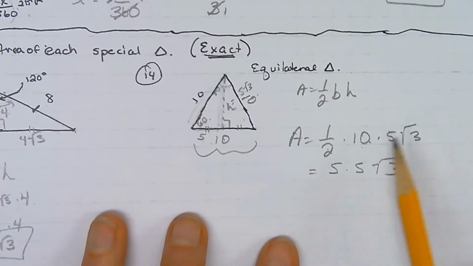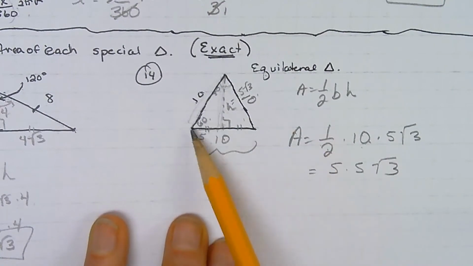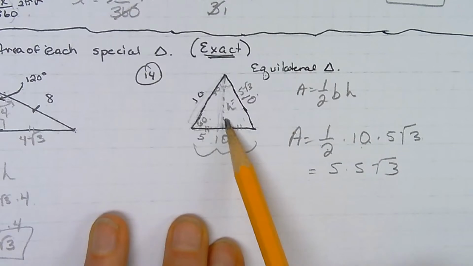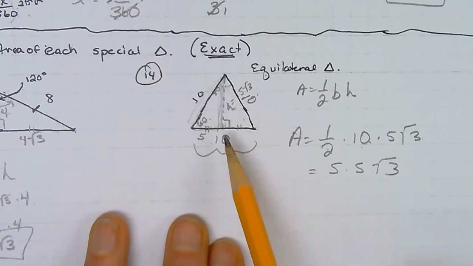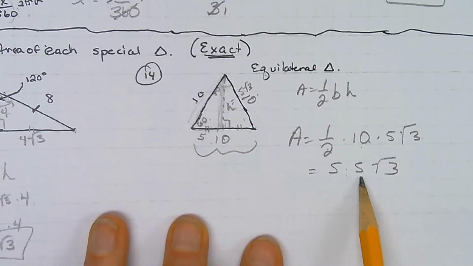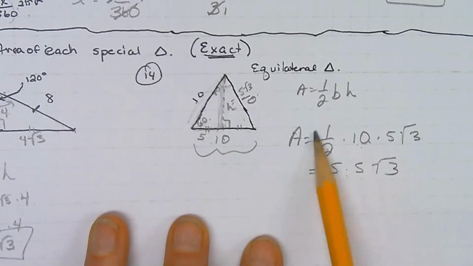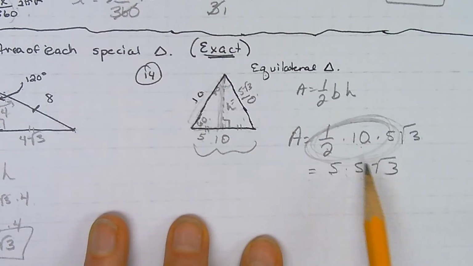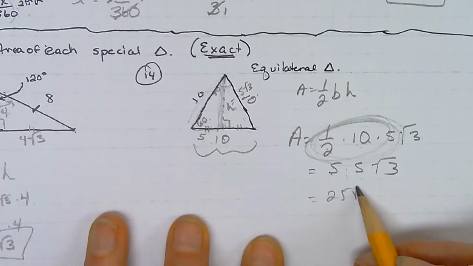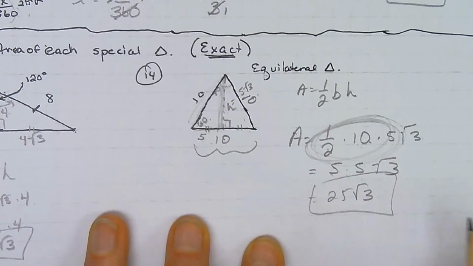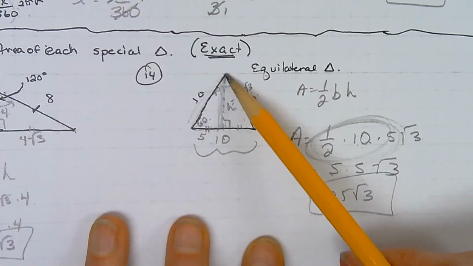So its area is 1/2 times the base times the height of 5 rad 3. And then 1/2 times 10 is 5. Then I'll multiply, also multiplying everything that's on the outside, 25 rad 3. And there's the area of the equilateral triangle exact, using 30, 60, 90s again.